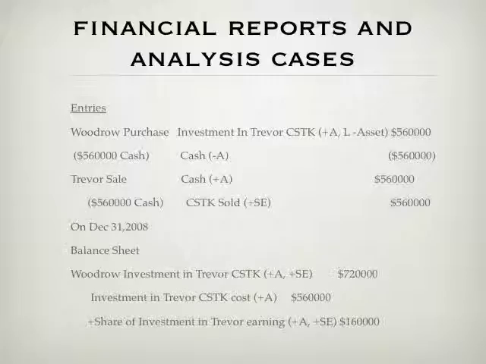And Trevor sold the stock to Woodrow, so we also put 560,000 because they get money. That's a plus. Then go to the bottom, the December 31st, 2008 balance sheet.